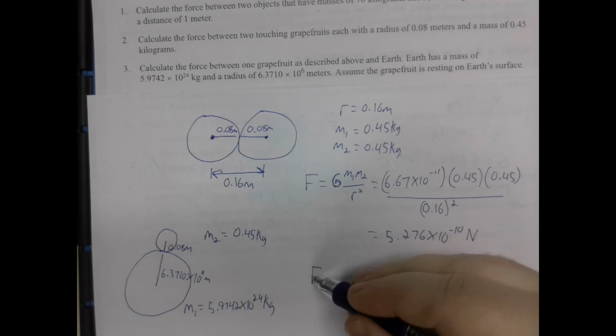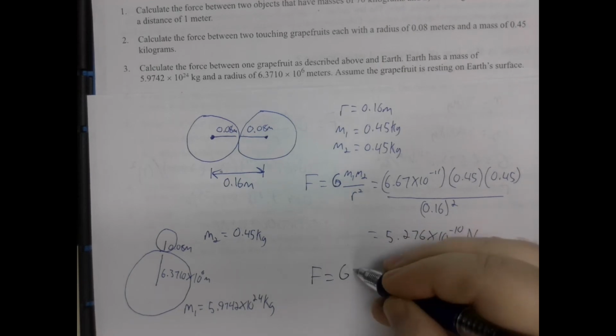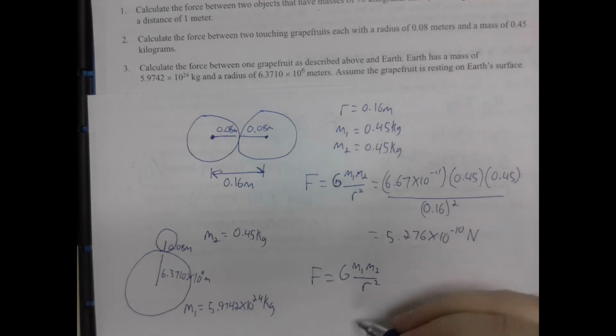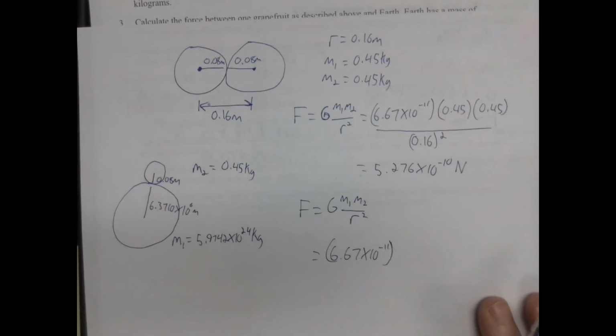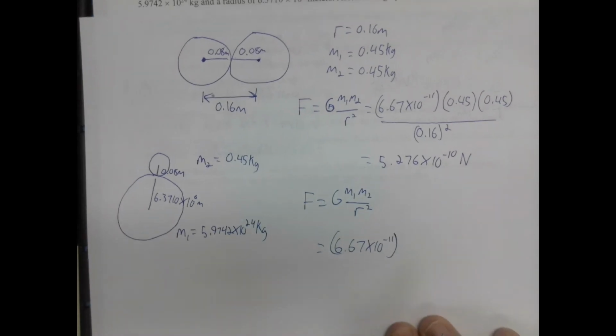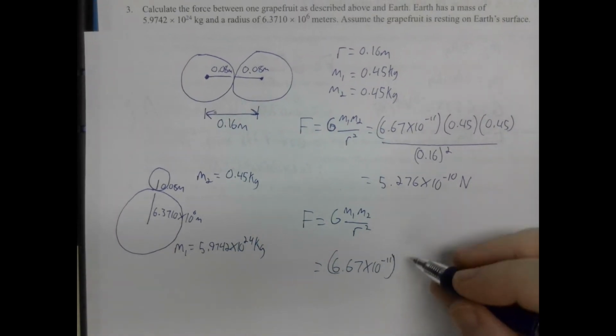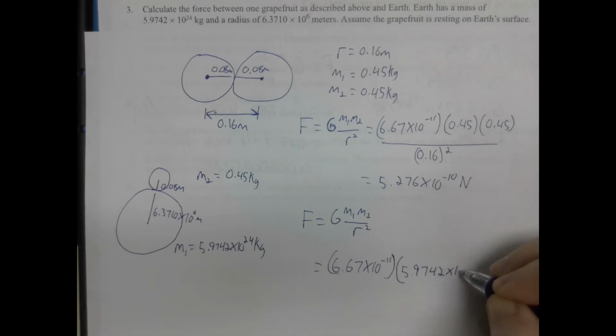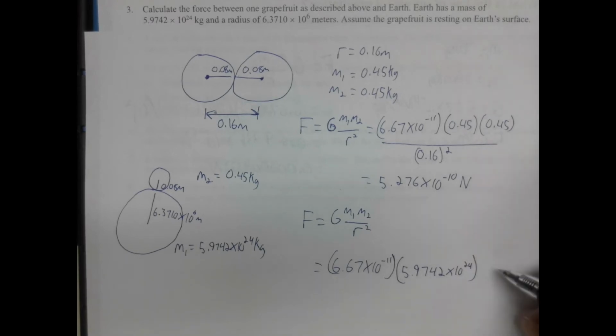So we can write F equals G M1 M2 divided by R squared. So our G is always 6.67 times 10 to the negative 11. Mass 1 is the mass of the Earth, 5.9742 times 10 to the 24.